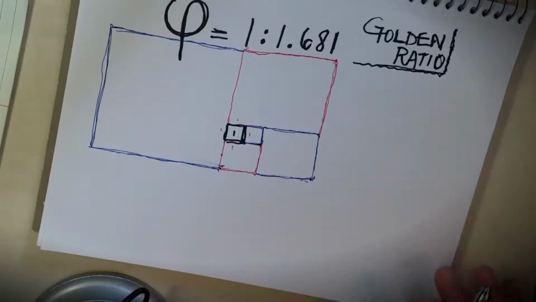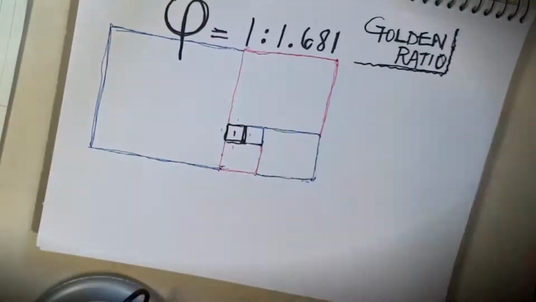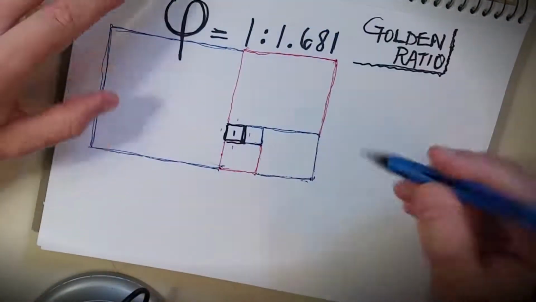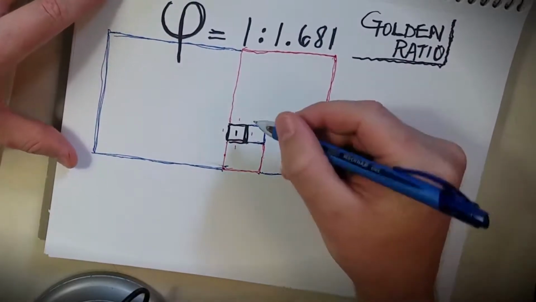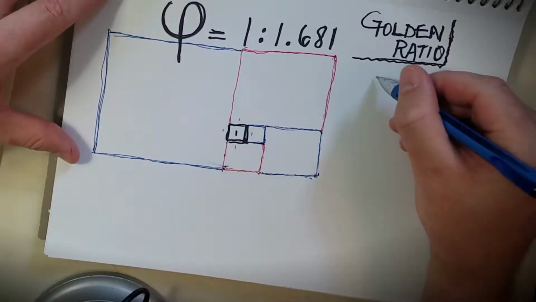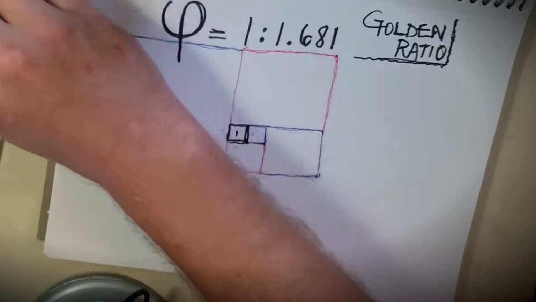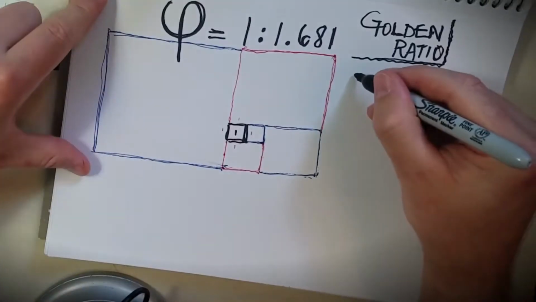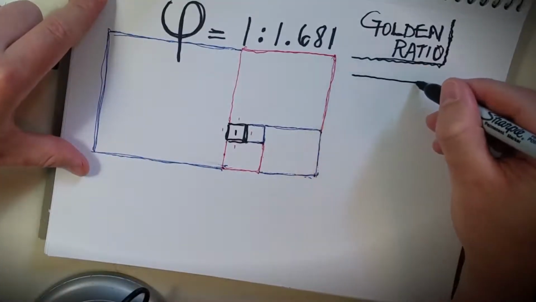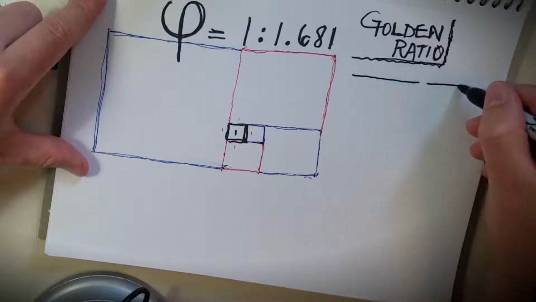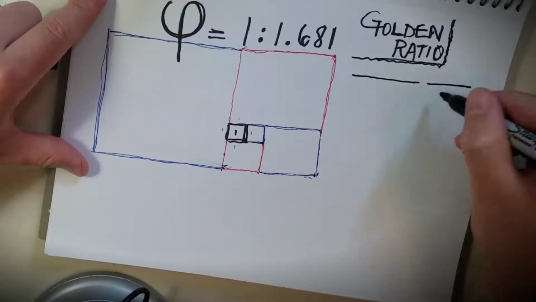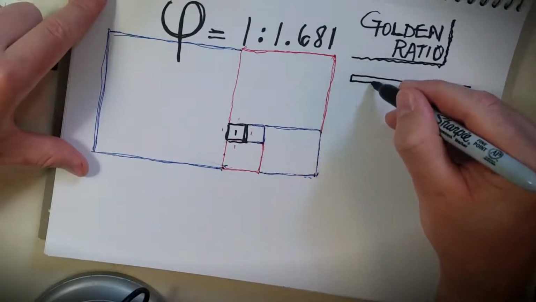Alright. So, let's see if we can understand this. If I draw a square. Okay.